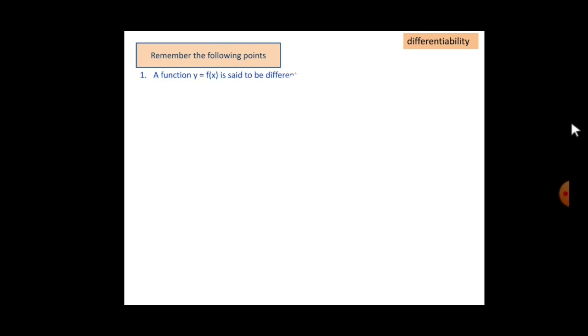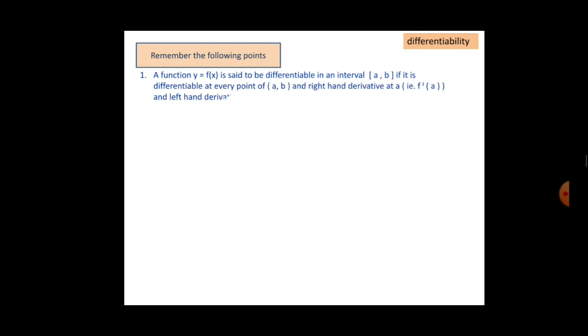Next, remember the following points. Now you have learned the definitions of differentiability, left hand derivative and right hand derivative, for the general as well as a particular point. Now, differentiability in a given closed interval. A function y is equal to f of x is said to be differentiable in the closed interval a comma b if it is differentiable at every point of the open interval a comma b.